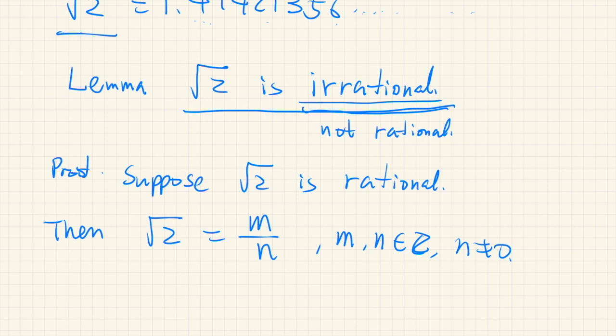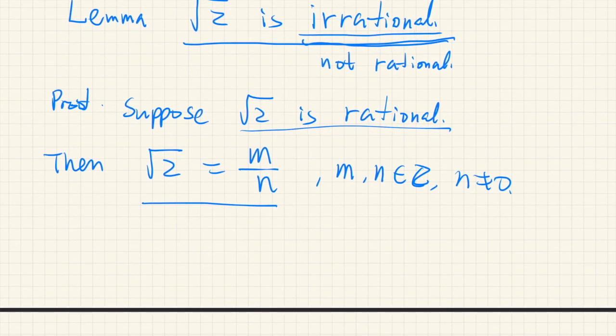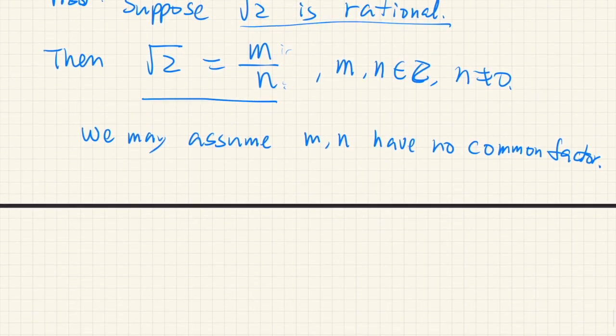Further, we may assume that m and n have no common factor. That means this expression is already in reduced form, so no common divisor.